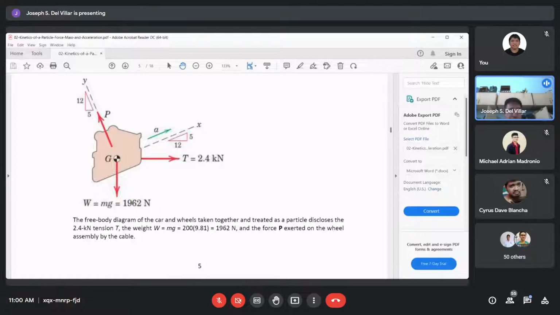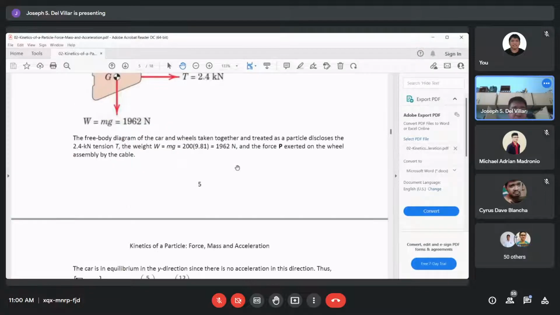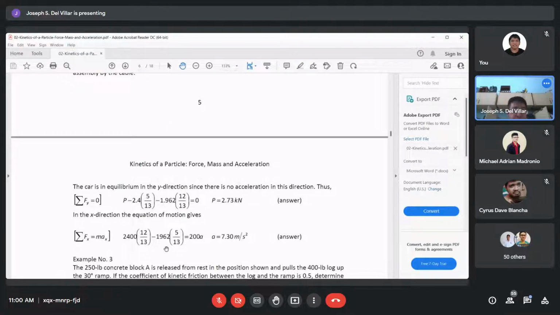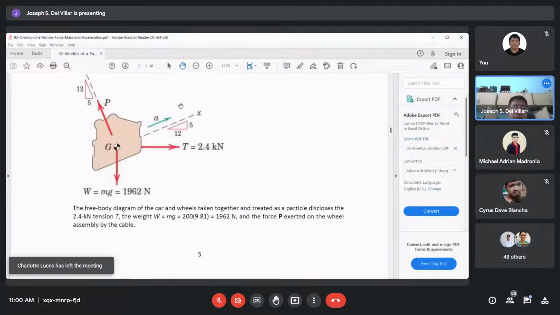Okay, I'm going to show you kasi parang hindi niya nakuha. Kung bakit naging ganito siya, no? Kung bakit ganun, no? Ganun yung treatment. Kung saan ang galing yung mga 5/13, 12/13, okay, galing yan dito.